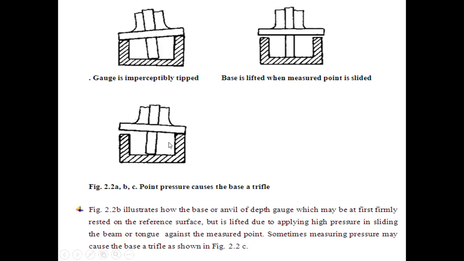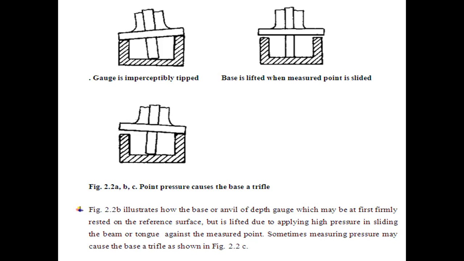So we have to make a gentle contact over the meeting area. Do not apply tight pressure on the meeting area of the jaw. Keep the anvil gently mounted on the job surface and allow the sliding scale to move downward to measure the depth of the reference area.